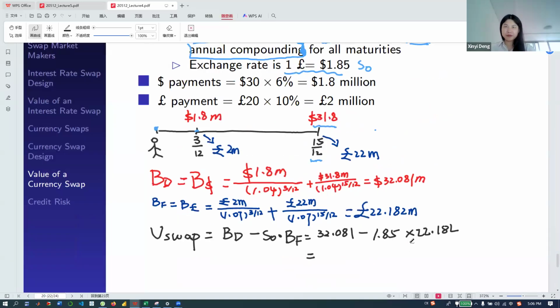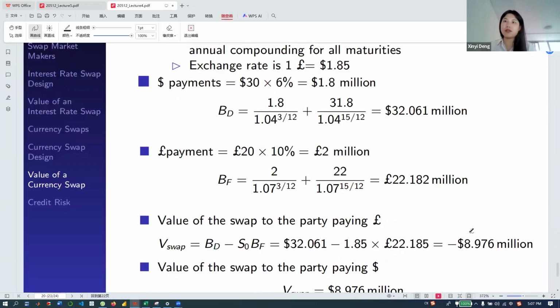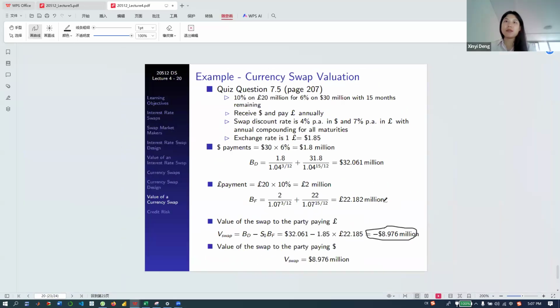So according to my calculation, it's going to be equal to minus 8.9557. So pretty much the same as this amount here. So approximately it's minus $8.976 million.